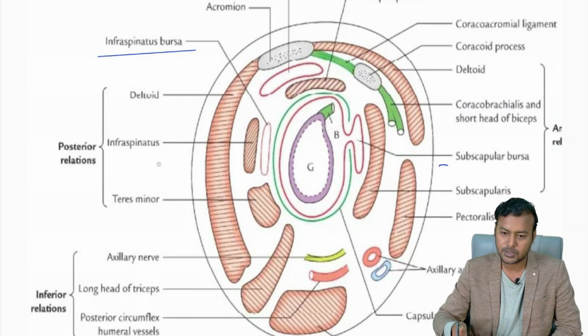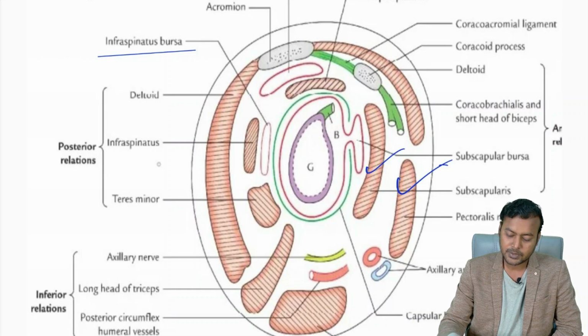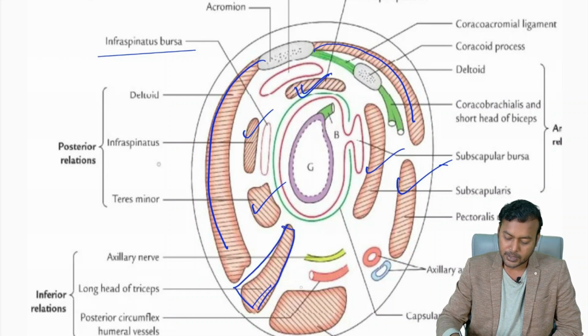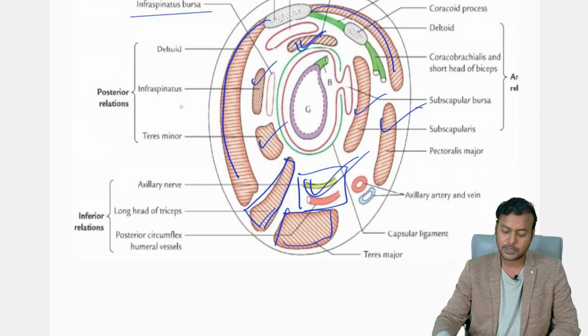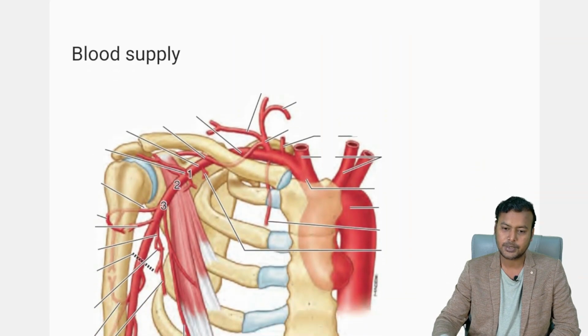Whatever you show in this diagram, like anteriorly you have the subscapularis, the pectoralis major. Posteriorly you have the infraspinatus, teres minor. Superiorly you have the supraspinatus, the fibers of the deltoid, and inferior relations you have the pectoralis major and the long head of the triceps muscle. And don't forget to mention these two important structures, that is the axillary nerve and the posterior circumflex humeral artery.